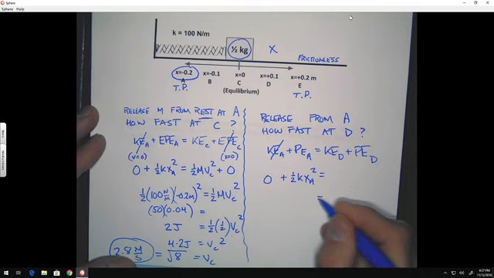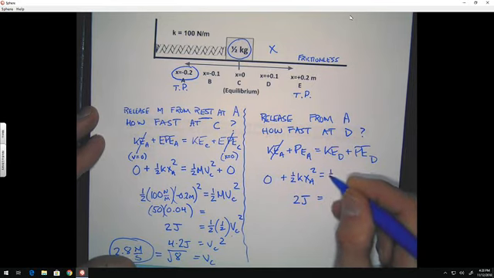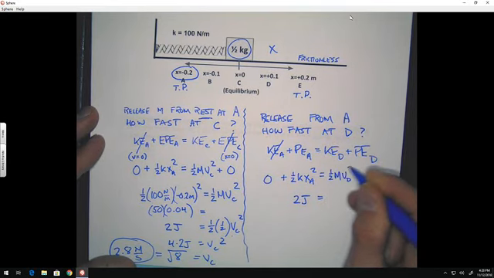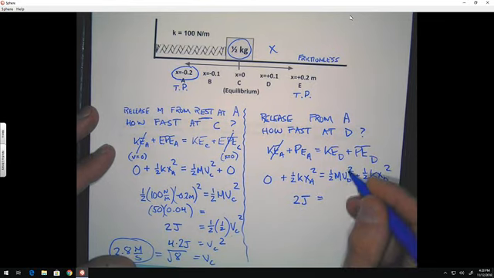By the way, that's still 2 joules. I did the work on that already. And then we're going to set that equal to 1/2 m vD squared plus 1/2 k xD squared. And of course we're trying to solve for the velocity at D.